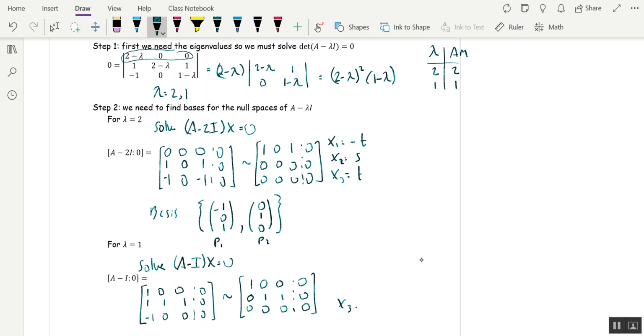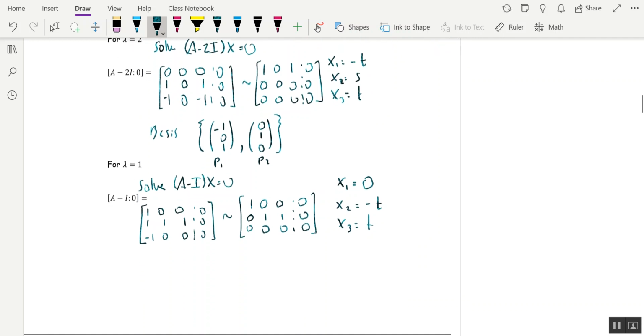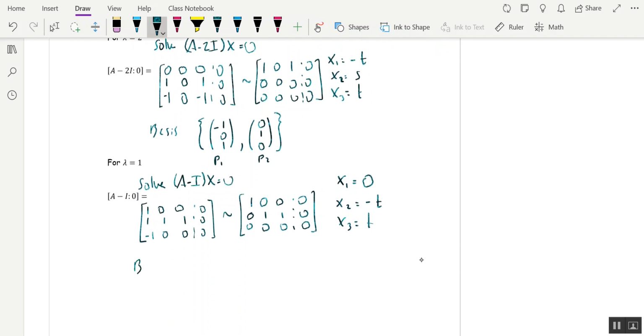So x3 is free. x2 is negative x3, so negative t, and x1 is 0. So a basis would be 0, negative 1, 1.